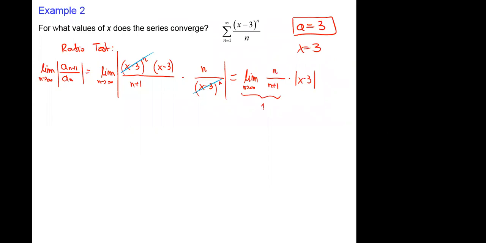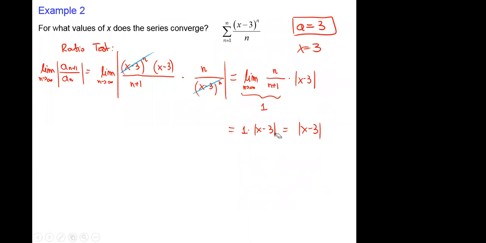It's, yeah, it is actually 1. That means 1 times x minus 3, it is absolute value of x minus 3. That's what I have. Okay, I can possibly write the answer here. That means this is the case, that my answer based on the ratio test is in terms of x.